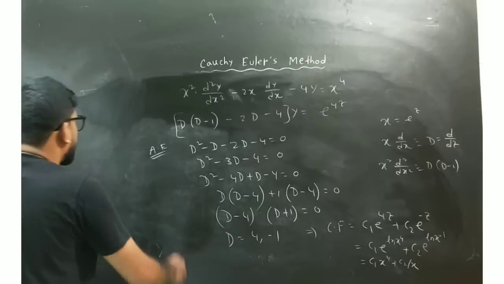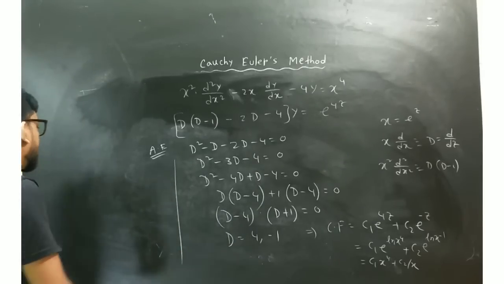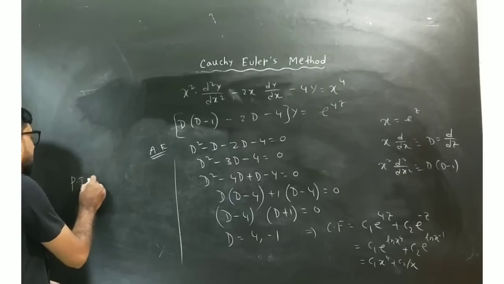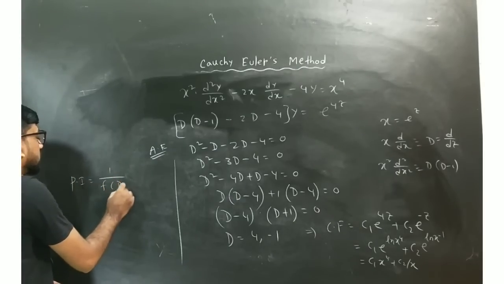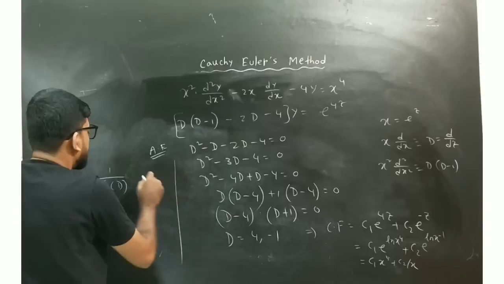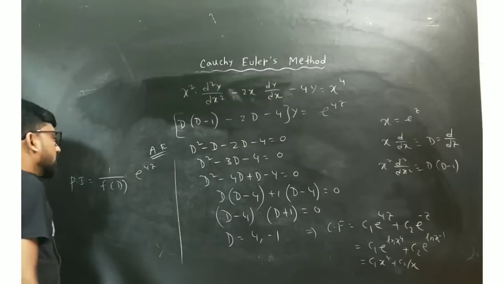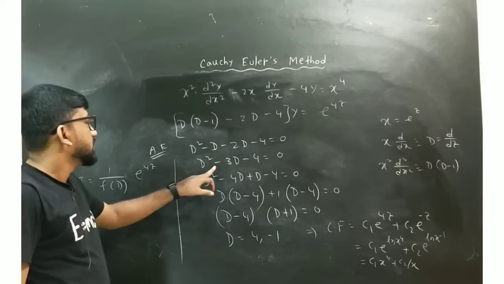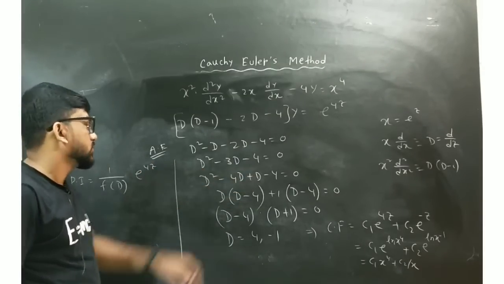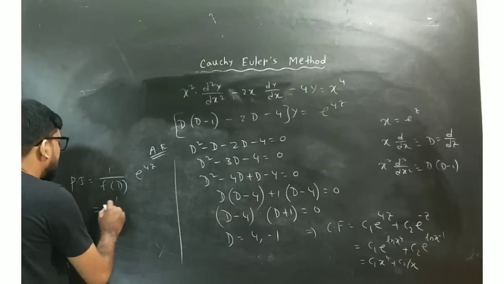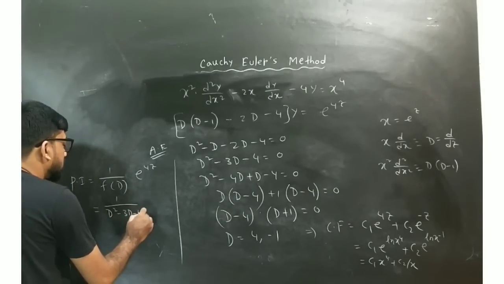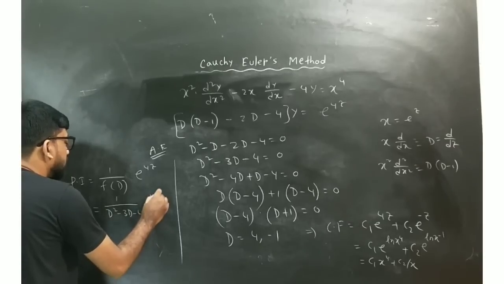So this is your complementary function. Now you have to find out the particular integral also. You know, particular integral is nothing but 1 upon f of D into the function, that is here e to the power 4z. Now what is your f of D? F of D is just D square minus 3D minus 4. So it will be 1 upon D square minus 3D minus 4 into e to the power 4z.